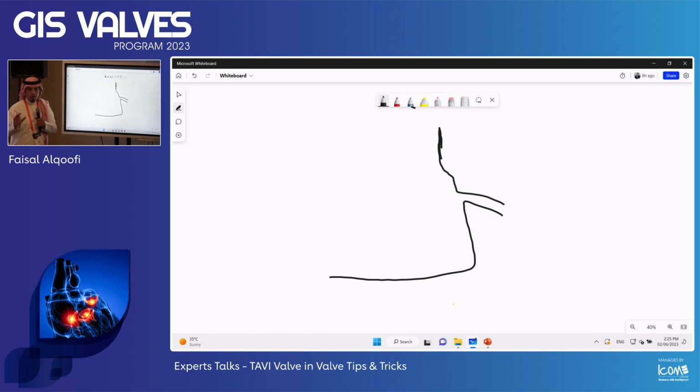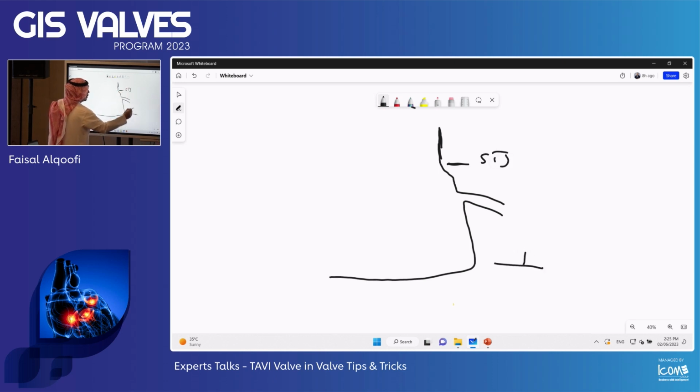The answer is no. So you really have to pay attention to the usual coronary protection or coronary assessment. If this is the left, this is the STJ, and this is the sinus of Valsalva height. This is very important.